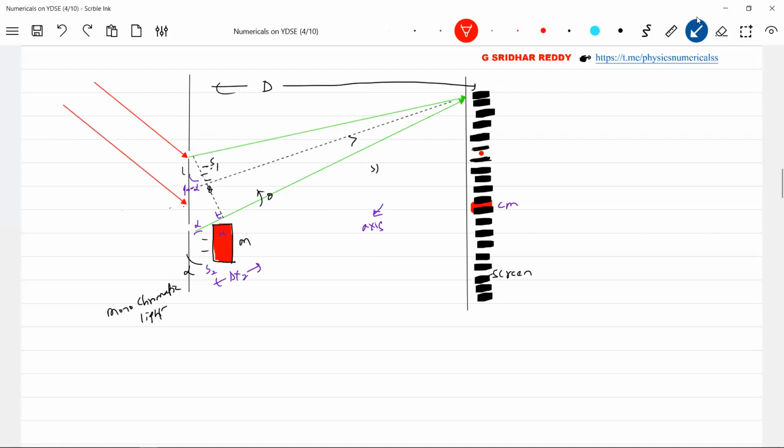Arrow reverse. Okay, now there's a parallel beam of light.